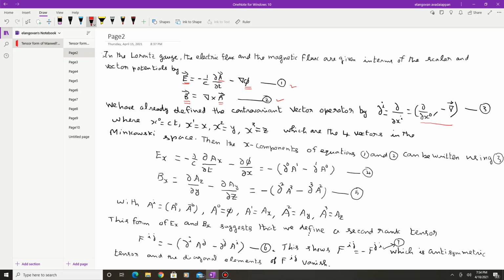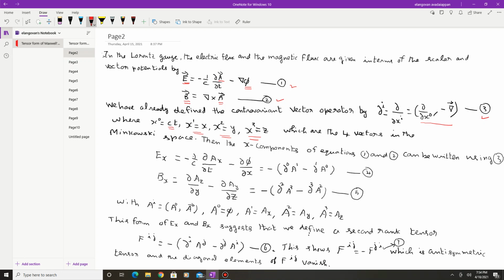So this is equation 3. The definition of this operator was discussed in our previous lecture. Here the first coordinate x0 is ct, x1 is the x coordinate, x2 is y, and x3 is z. So it is a 4-vector in Minkowski space.